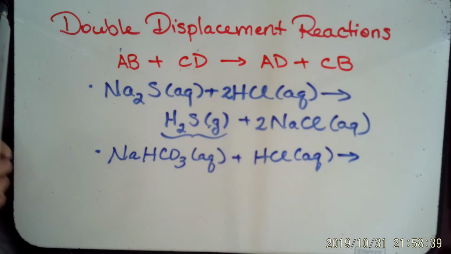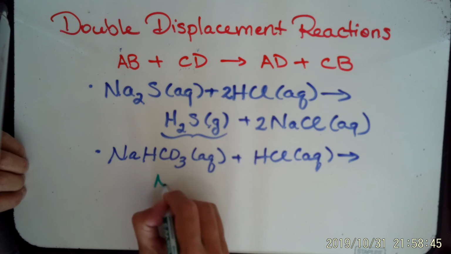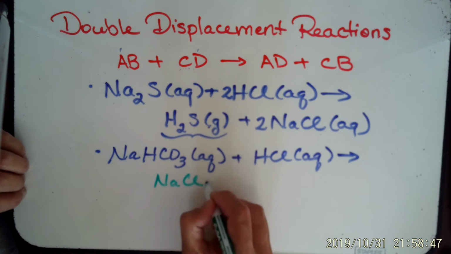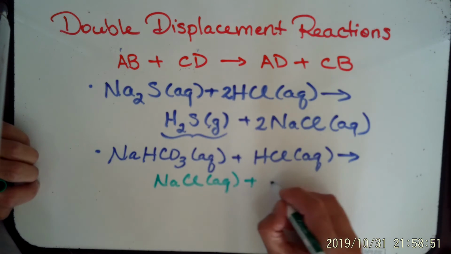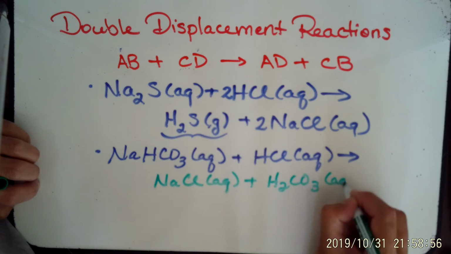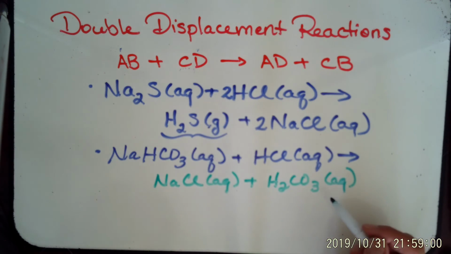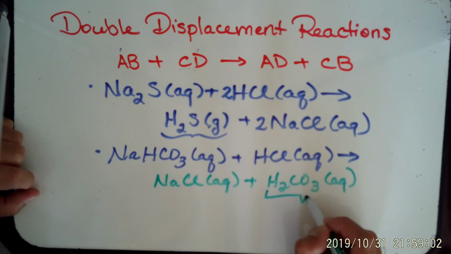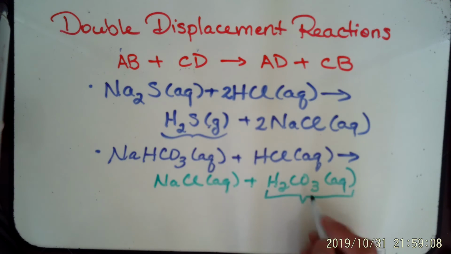Well, tentatively, you'll have this as your product. You'll have your sodium chloride, but you'll also have carbonic acid. You say, oh, is that really a reaction or is it a no reaction? But what happens is this. This is a double displacement followed by decomposition. Remember how carbonates tend to form CO2?